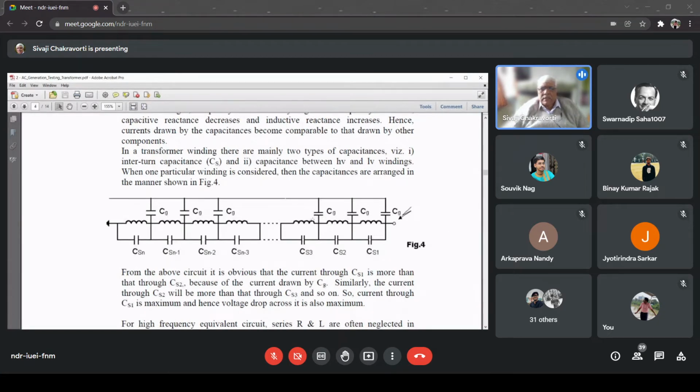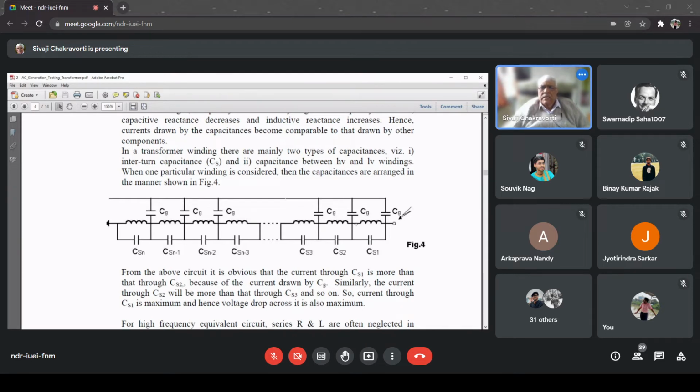But please remember that there are capacitances also. Why? Because the windings are so constructed for the high voltage that if it is a disk type winding, then between the disc, it's not a small thing, it's quite a large one. So there will be some capacitance between the discs. These are called the series capacitances.